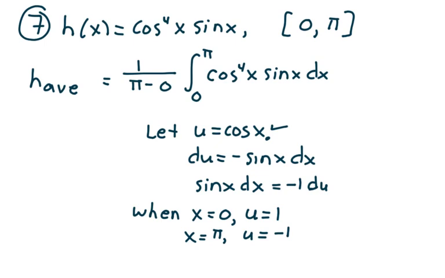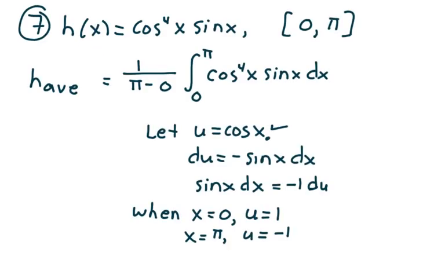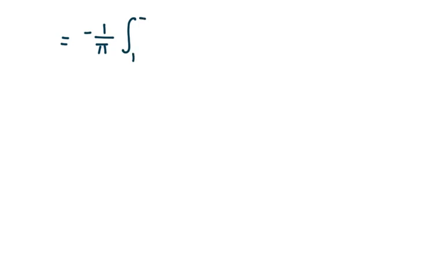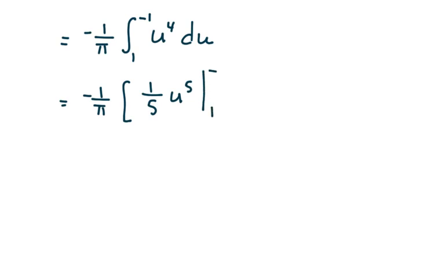So let's come over here, and this is negative 1 over pi times the integral from, I'm going to go from 1 to negative 1 of u to the 4th du. And this is negative 1 over pi times 1/5 u to the 5th from 1 up to negative 1.